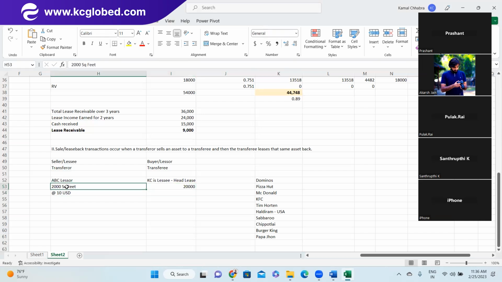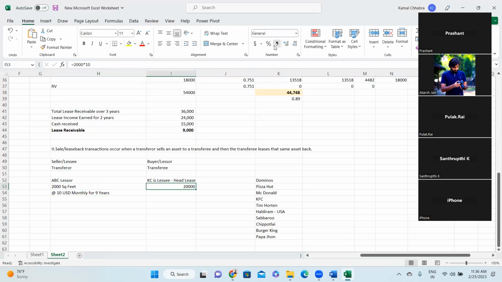This is my monthly rent, for let's assume nine years. So I'm paying $20,000 a month in rental, right? And then I have done some leasehold improvement, and let's assume I invested $50,000.